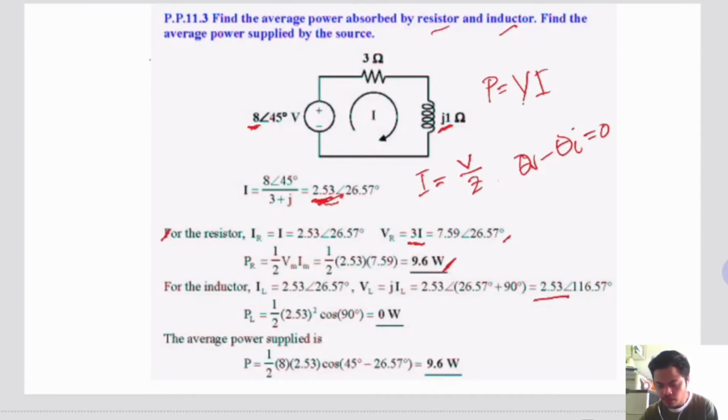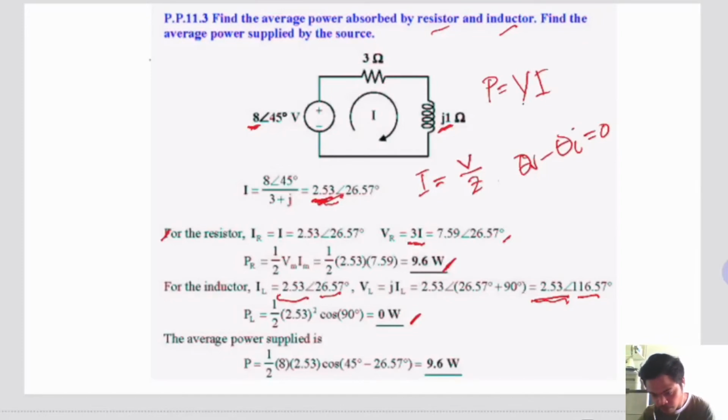For average power, we make use of the formula with Im and Vm, and the difference of the angle between voltage and current is 90. Therefore cosine 90 is 0. So our average power is 0 for the inductor.